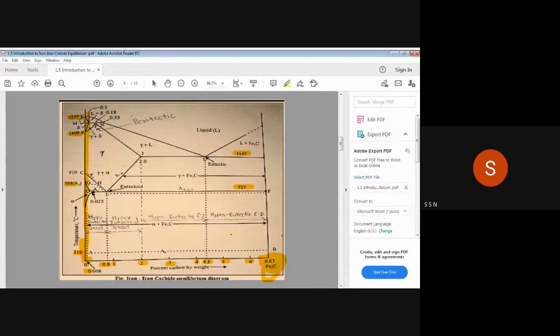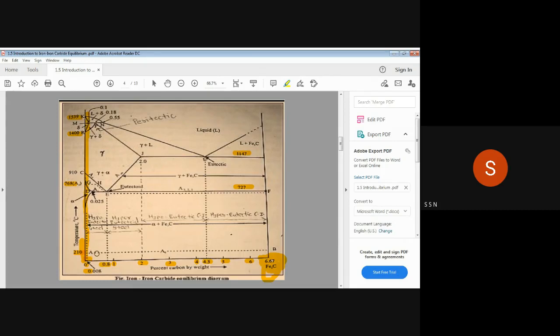This is the melting point of iron. Above that temperature, the iron will be completely in the liquid phase. Above this point of 1539, there will be liquid iron, and below this it will be in the solid form.